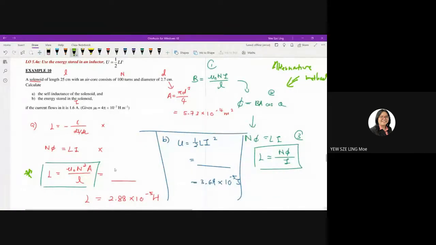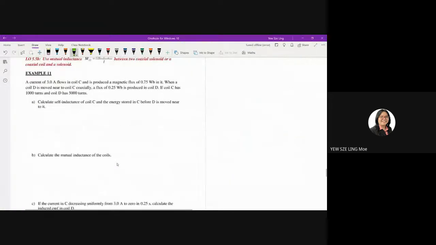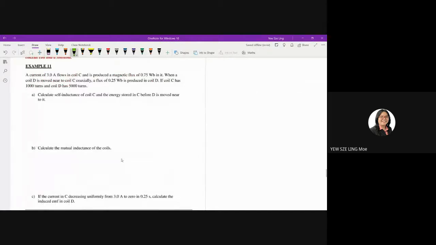Okay, so now let us proceed to example 11. A current of 3 ampere flows in coil C and produces a magnetic flux of 0.75 Weber.